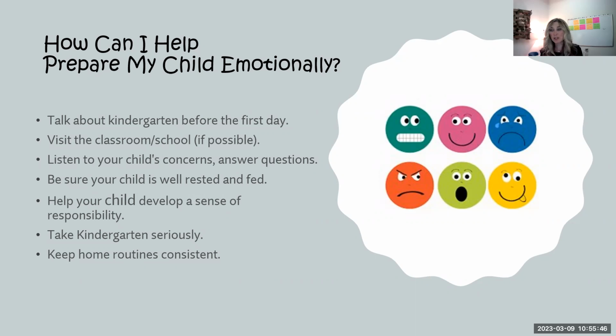Other things are making sure that you have a routine for your child. So a set bedtime, a set routine of this is what we do at bedtime, making sure that they get enough sleep at night so that they are going to bed early enough and they feel well rested.